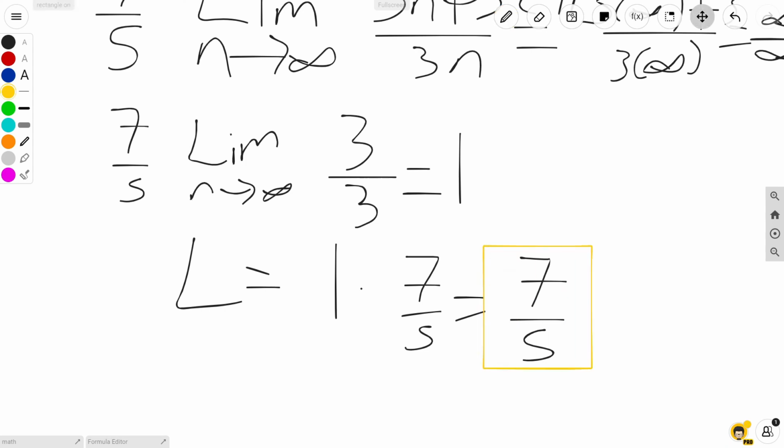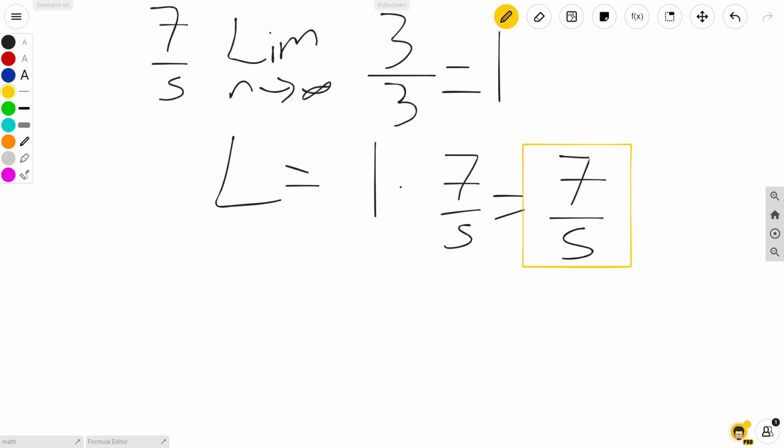Now that we know what L is, step 4 is to apply the ratio test conditions. You might ask yourself, what are the conditions?